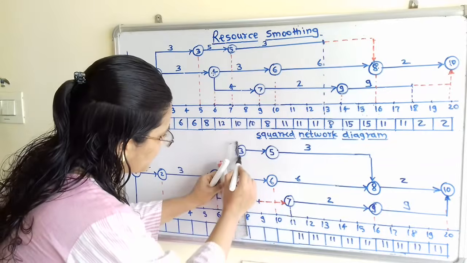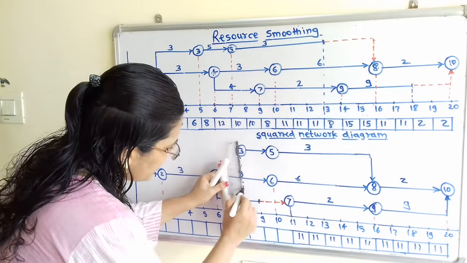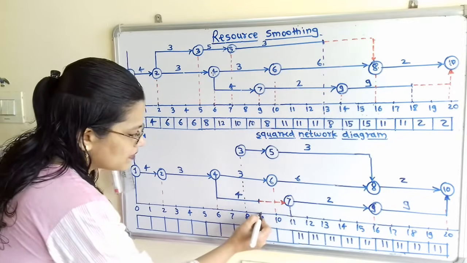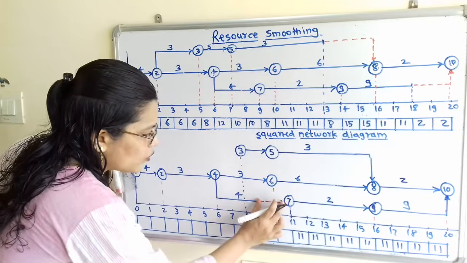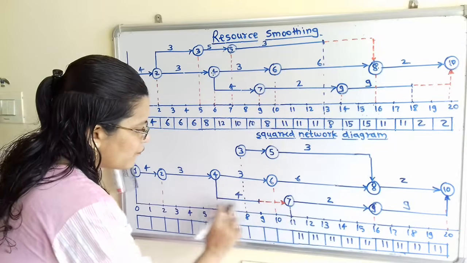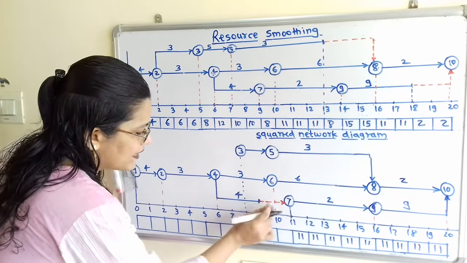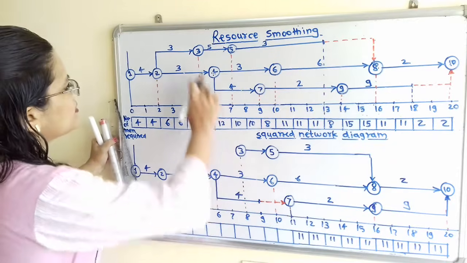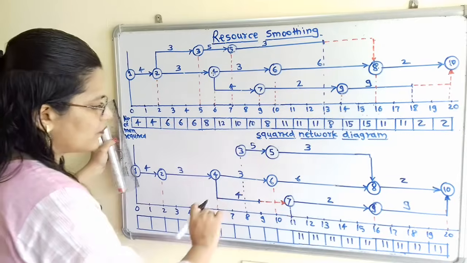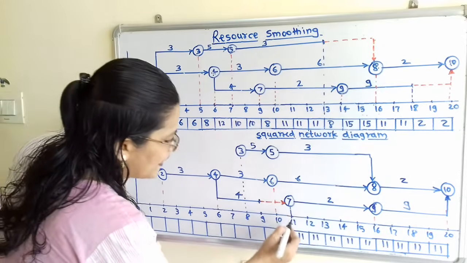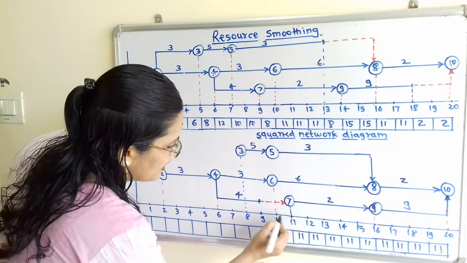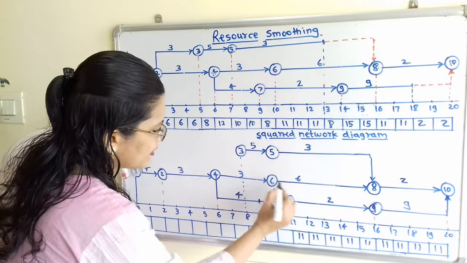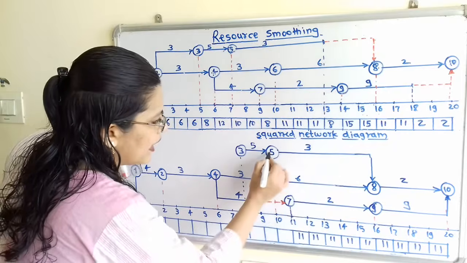Now we will move to the next, because we will now write the manpower from the 8th week to the 11th week, because here activity 3 is getting started. So how to write? If we observe from the 9th week to the 11th week, there is no activity 4 to 7, which is completed at the 9th week. So only 2 activities we have to consider, and for this 3 to 5, manpower is equal to 5. So in between 10 to 11, there are only 2 activities, that is 6 to 8 and 5 to 8.